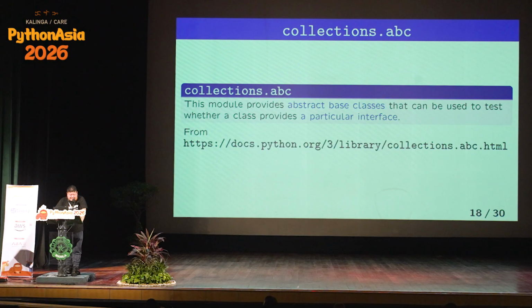And Python gives us a very useful tool, the collections.abc module. This module provides abstract base classes. They define the interface of different types of collections. We already used the container, size, and iterable classes. These all come from collections.abc.